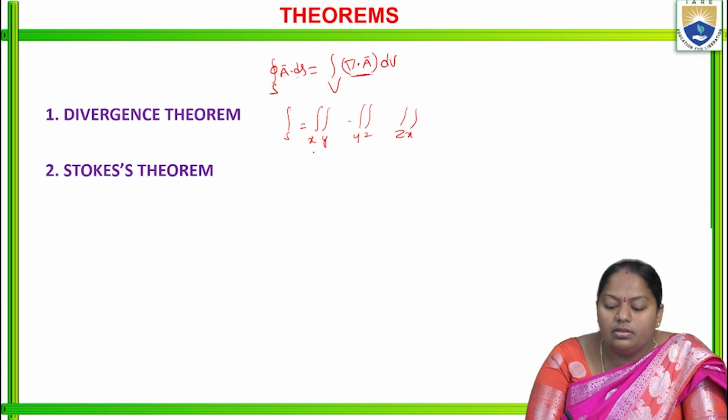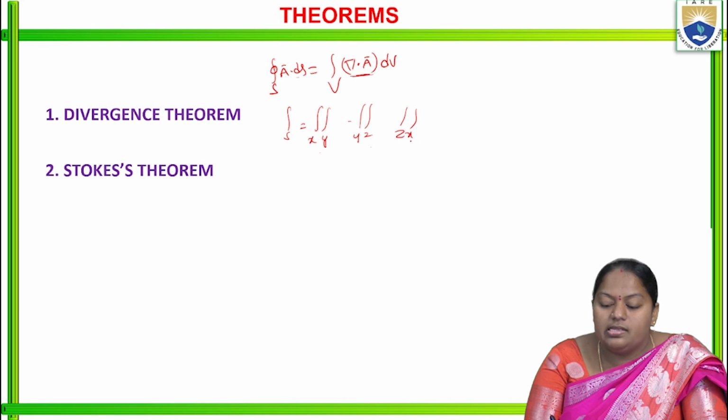If you consider the first plane as the xy plane, then the direction will be in the z direction. If you consider the yz plane, the direction will be in the x direction, and in the zx plane case, the direction will be in the y direction.